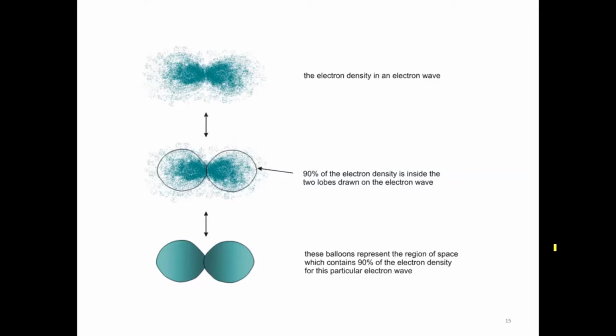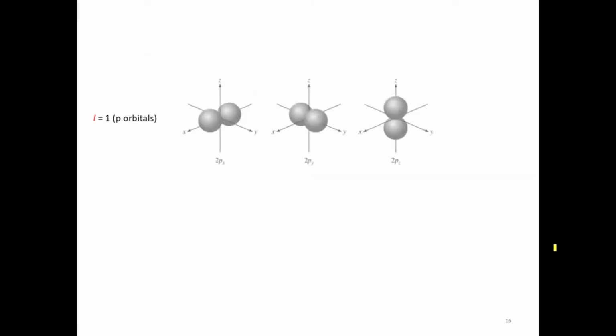Now, with L equals 1, that means that ML, the magnetic quantum number, can have three values: -1, 0, and 1. And what that means, therefore, is that there are three different ways in which the p orbitals can be oriented. And you can see them here for the three different possible values of ML.